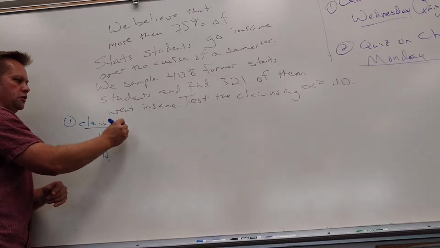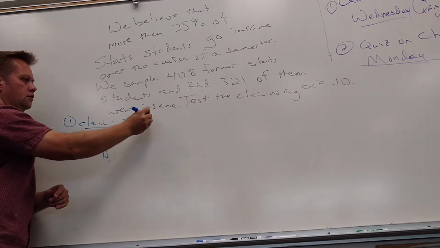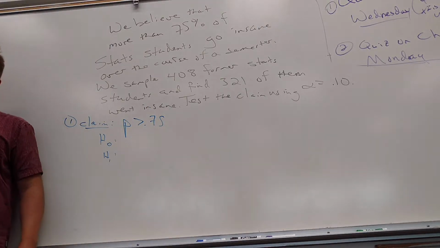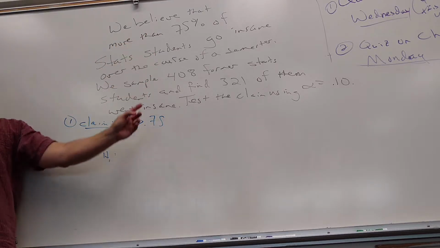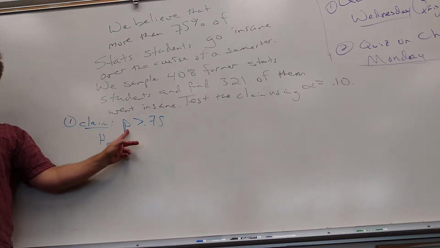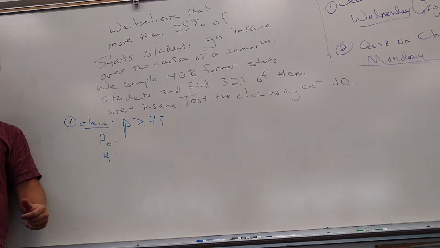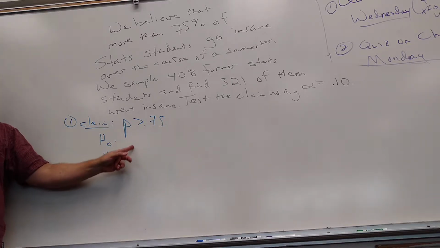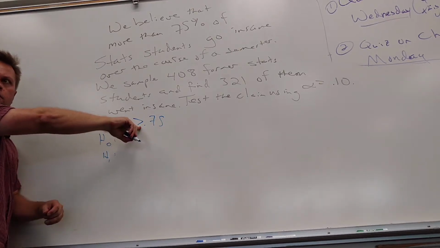It's going to be P is greater than 0.75. The claim that's being made is that more than 75%. So I'm claiming the percentage is more than 75%. So which one is that going to be? The H1, the high, because it doesn't have an equal sign.